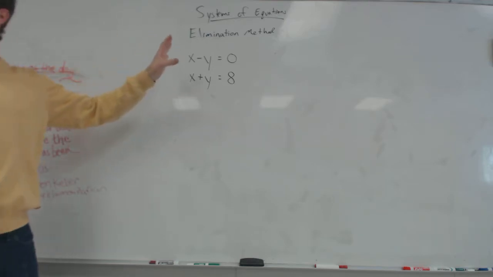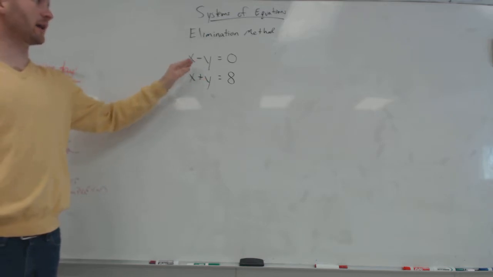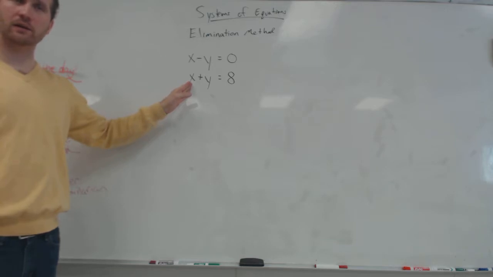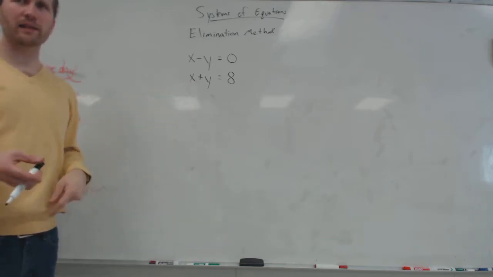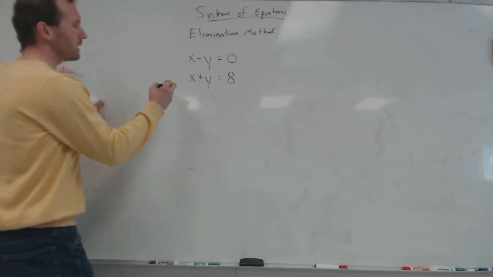Now, I could add y to both sides of this equation and solve it using the substitution method that way. I would have x equals y, and I could plug the y in for x here, and then I could solve that. That would work. But there's another way to do this. And this is what we mean by elimination.